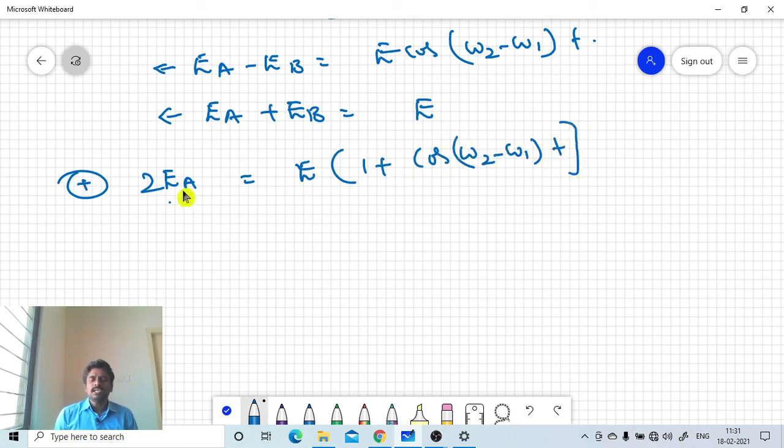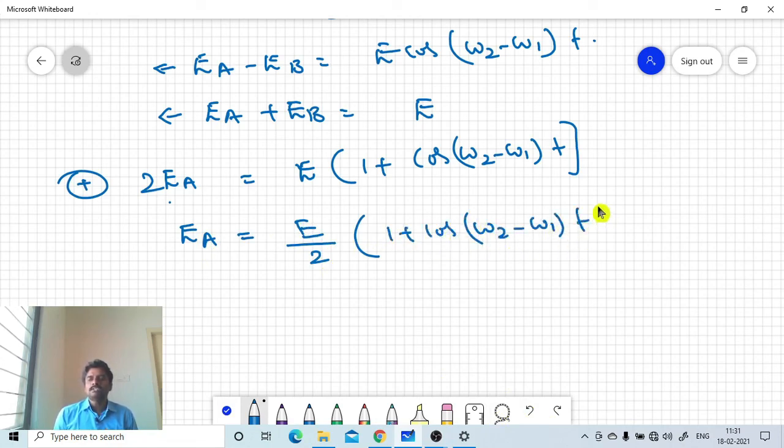This is the energy of the first pendulum. So sending 2 to this side, Ea is equal to E by 2, where E is the total energy of the pendulum, into 1 plus cos of (omega 2 minus omega 1) into t. This is the equation for the energy of the first pendulum.